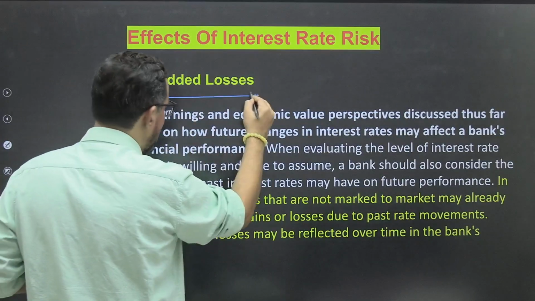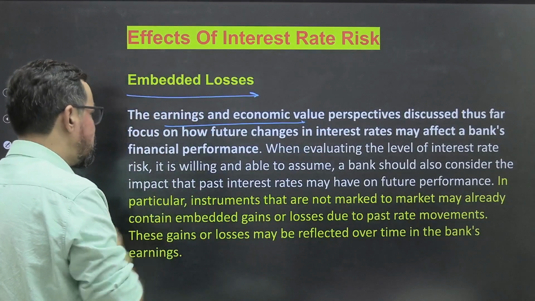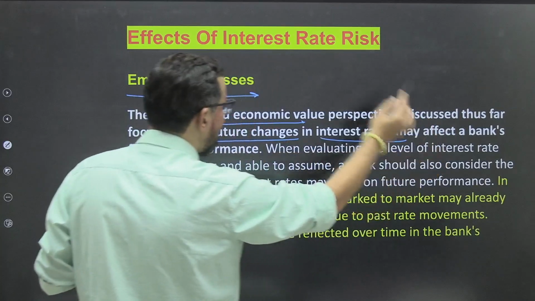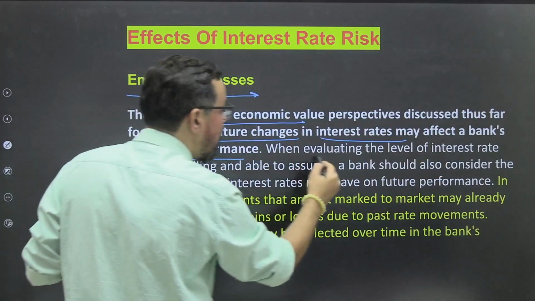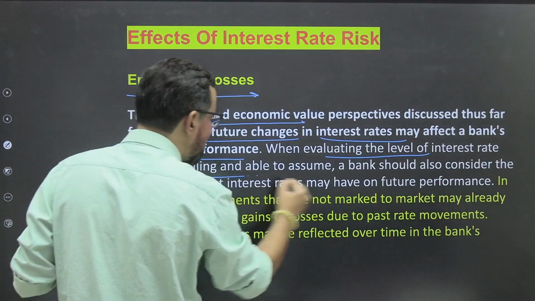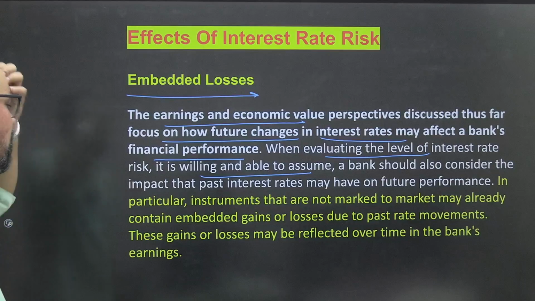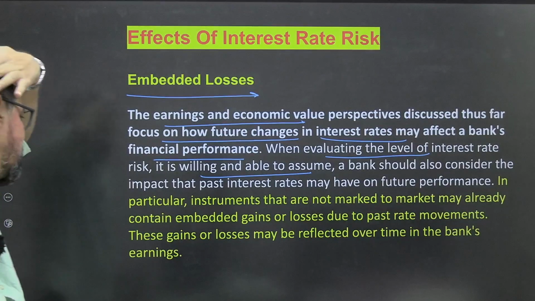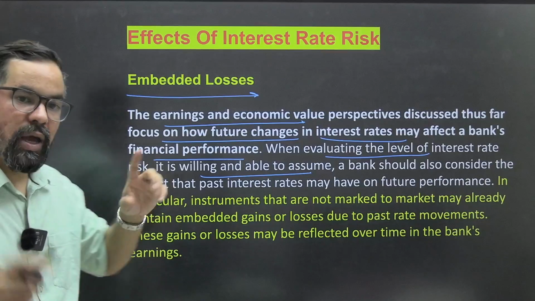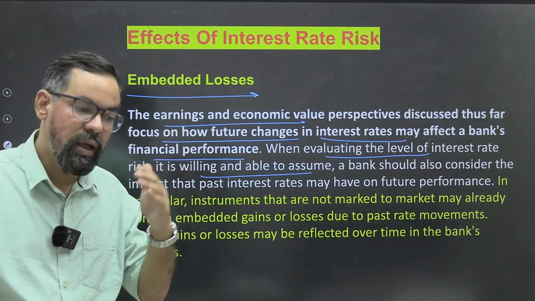Embedded losses आपका, ठीक है, the earning and economic value perspective discussed thus far focus only on future earnings of interest rate and effect of bank performance. When evaluating the level of interest rate risk it is willing and able to assume, a bank should also consider the impact that past interest rate may have on future performance. ठीक है, embedded is like something जहाँ पे customer they may or may not exercise their right.